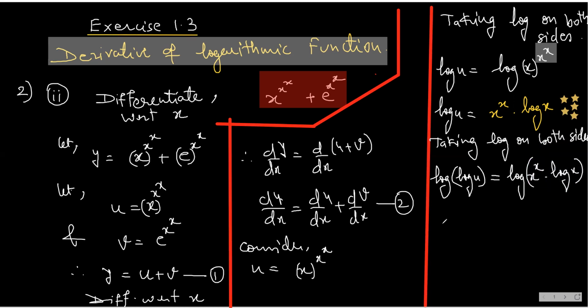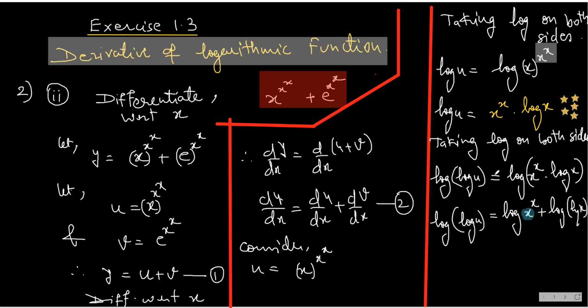Okay. So you get therefore log of log u equals log of m, that is log of x raised to x, plus log of n, log of log x. Now you will finally get something where you have no variable raised to variable.